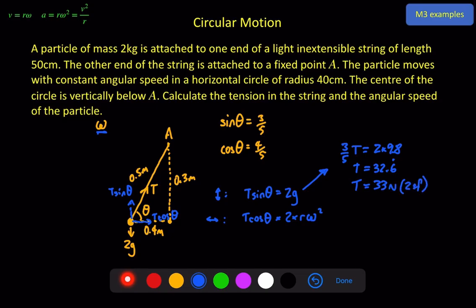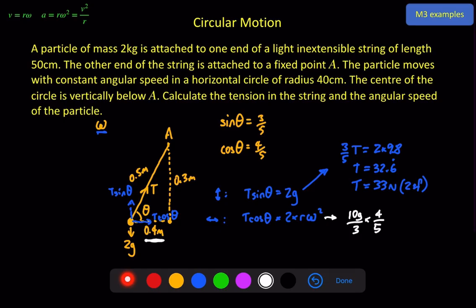Now we can use T and the fact that we know cos theta to find omega squared, because we also know the radius here is 0.4. So our second equation, let me write that for now as 10g over 3 for T, keeping it in its exact form for now.